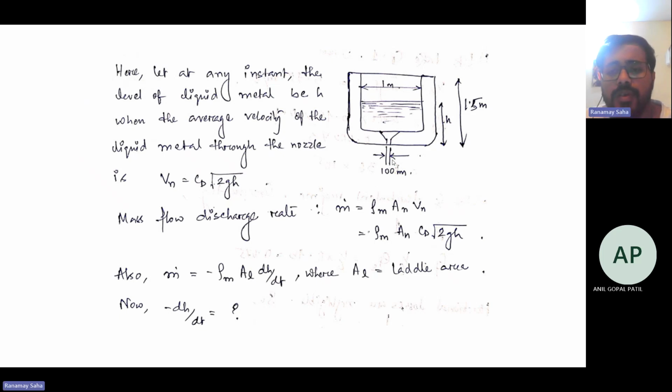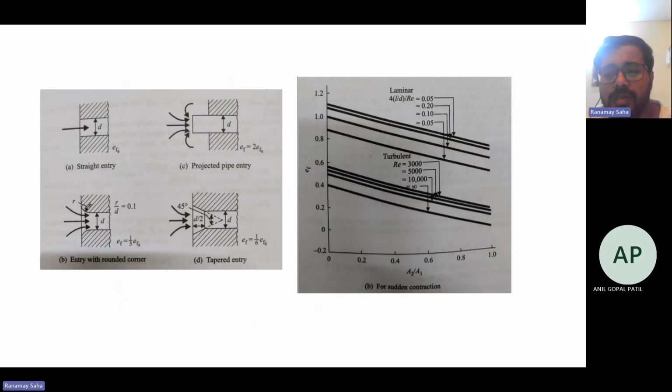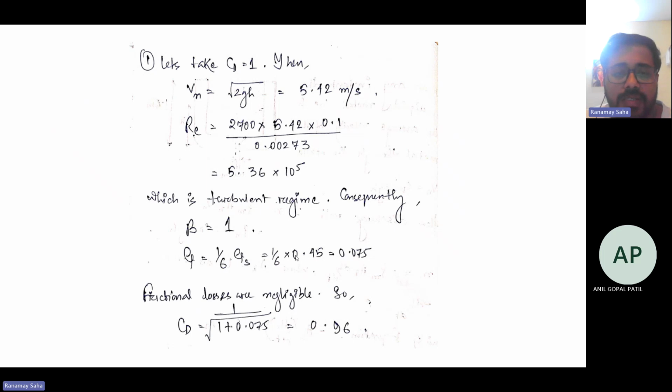Take the ratio of nozzle area to ladle area, and you see the value will be much smaller, almost negligible. In that case, for simplicity, the ratio has been considered as almost close to 0. So EF here can be considered a little more than 0.5. That's how the value of EF comes, and that EF then gives 0.075.